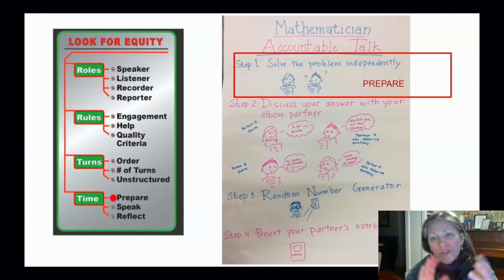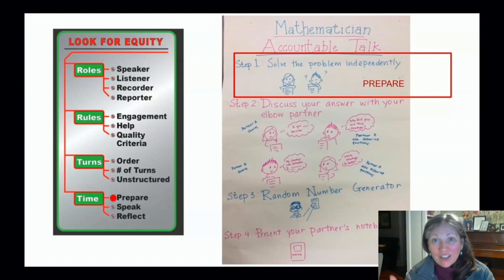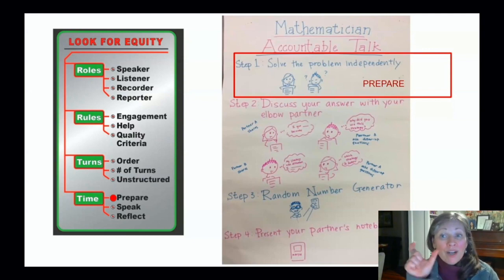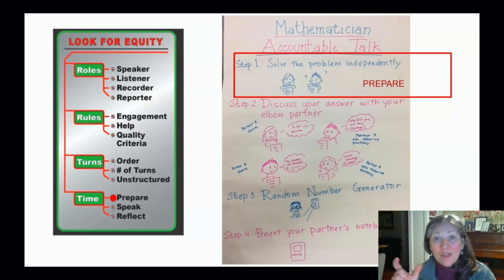So what we want to do is at times, not all times, but at some times, and certainly during an academic discussion where students are preparing for reading and writing tasks, we want to be sure that all student voices are heard and that all students have equitable opportunities to practice academic language. That doesn't mean they're all practicing for the exact same amount of time, but they have an equitable opportunity to develop their academic language skills that are necessary for reading and writing.